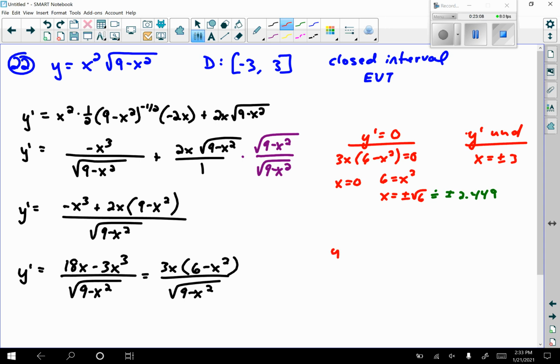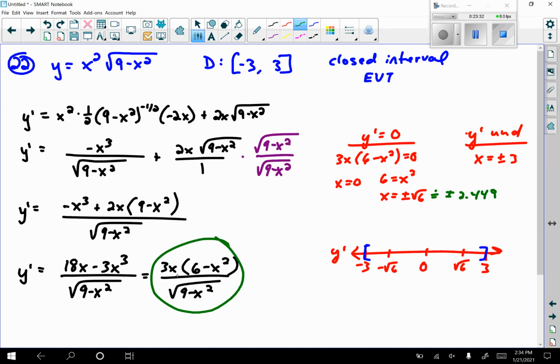So when we make our first derivative number line, again, we're just going from -3 to 3. So we also have roughly a negative square root of 6, we have a 0, and we have a positive square root of 6. So again, we have brackets here and here. Now, you could use your calculator to test this. You could define your function if you choose to here. If not, you could substitute everything right back into here and determine if you get positives or negatives.